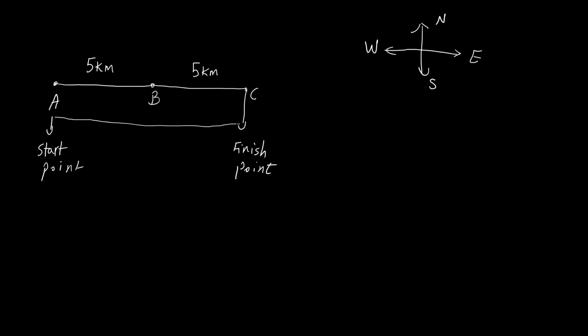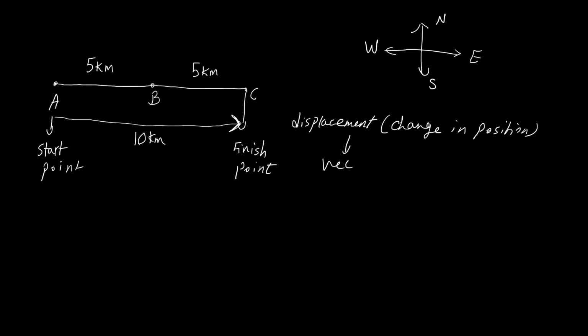And if I use one arrow, actually I can show the direction. We name this quantity displacement. And displacement actually is change in position. And definitely, as you can see, it is a vector quantity.